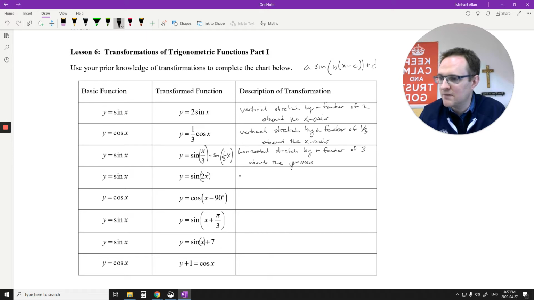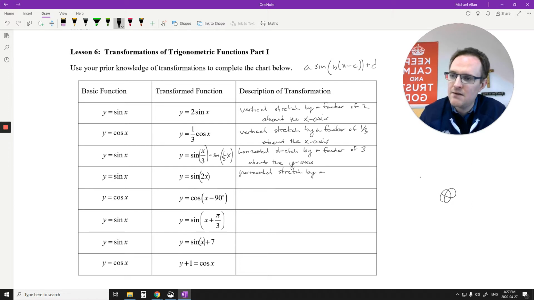If there was any plus sign on this one here, then those would be outside the function. But these ones here, you can see this plus is in the parentheses there. So these ones are inside the function. Anyway, horizontal stretch by a factor of 1/2 about the y-axis.